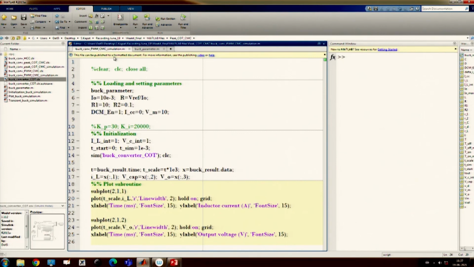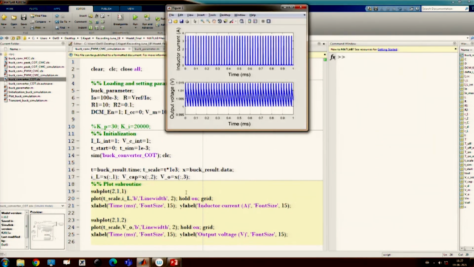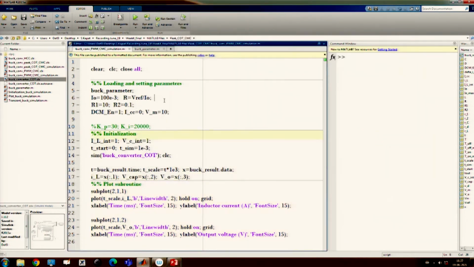Let us first stop this. Now, in one case, let us say it is under 100 milliampere, and in this case the input voltage is 12 volt. So, there is no problem. Now, we want to make a change in input voltage to 8 volt, or maybe initially let us take 8 volt as our input.